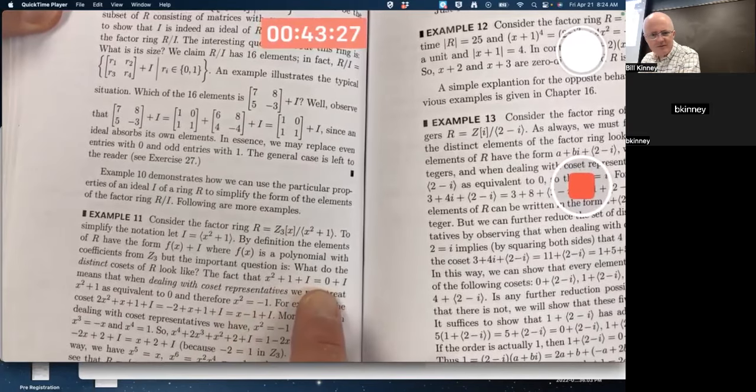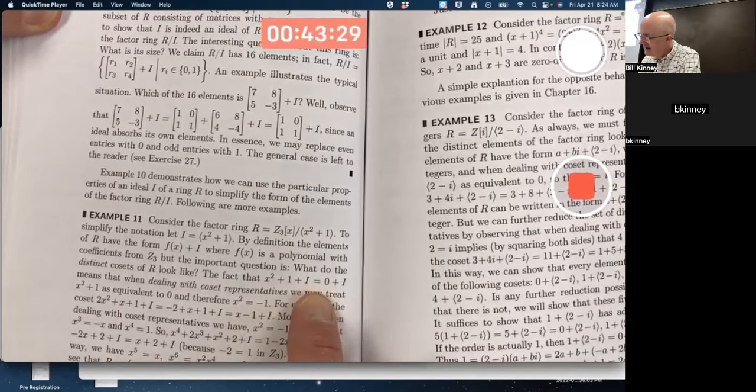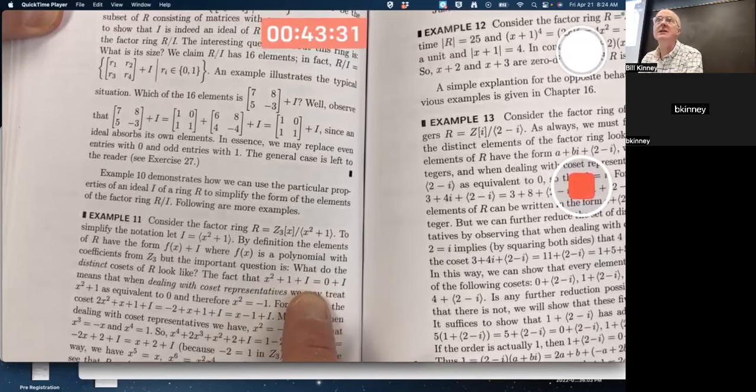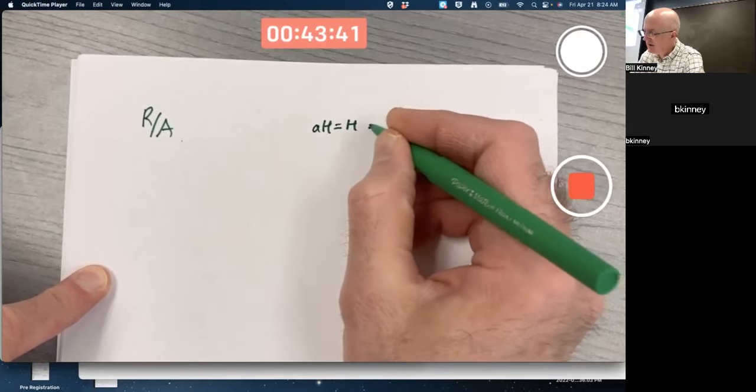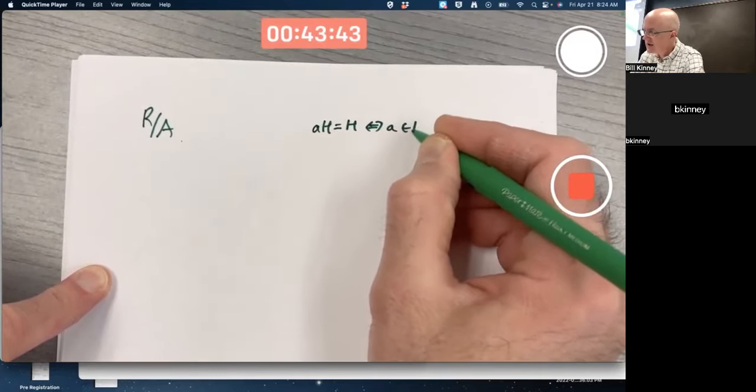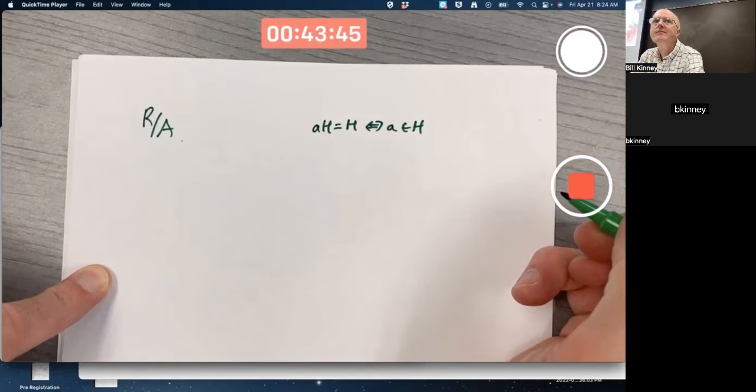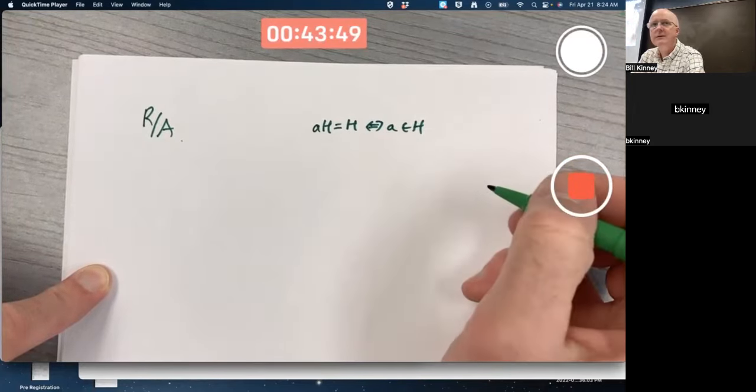Why is this true? Why is x squared plus 1 plus I equal to 0 plus I? It's just a plain coset property from group theory, actually. It's this one: aH equals H if and only if a is in H. That's a property of cosets.